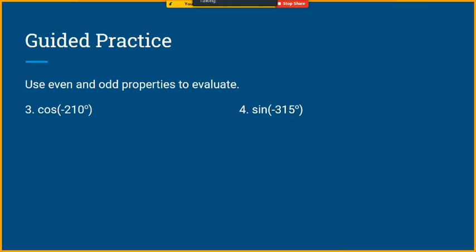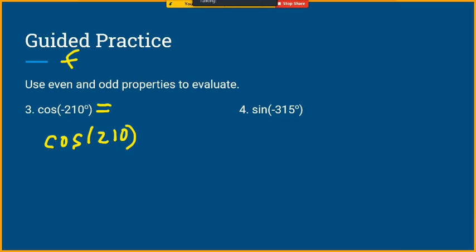Alright, so why does this help? I mean, it could save you a step when you're evaluating functions of negative angles. So here we're going to practice using even and odd properties to evaluate sine and cosine. Since cosine is even, that means that the cosine of -210 is equal to the cosine of 210. Okay?